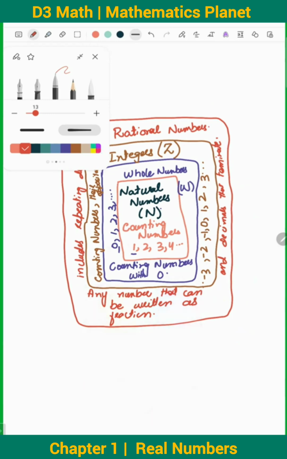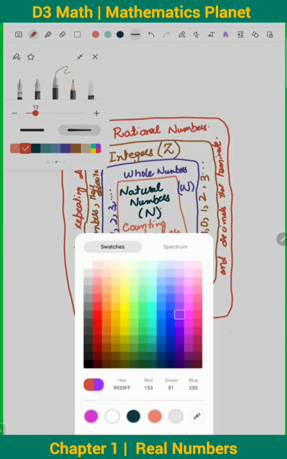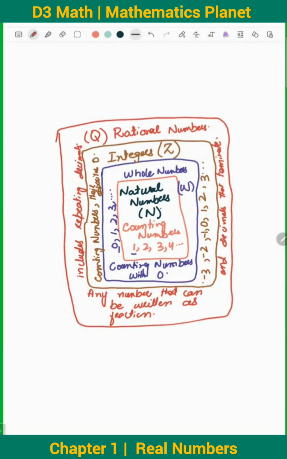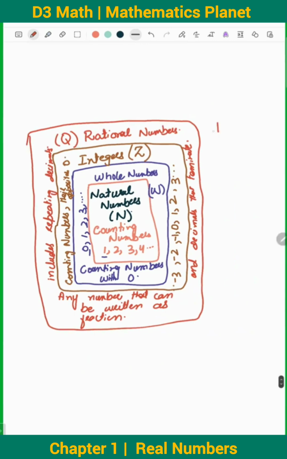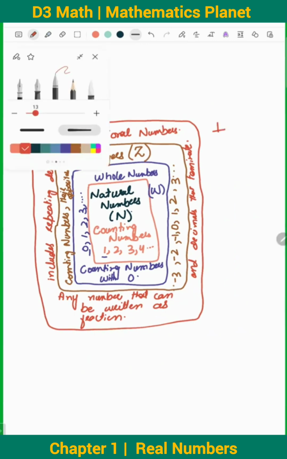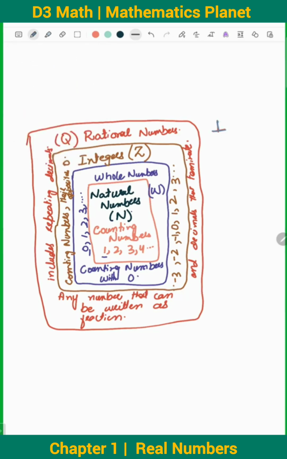Okay. So we have another set of numbers. Another set of numbers is called irrational numbers. Okay, irrational numbers means q dash, and it is a real number that is not rational.